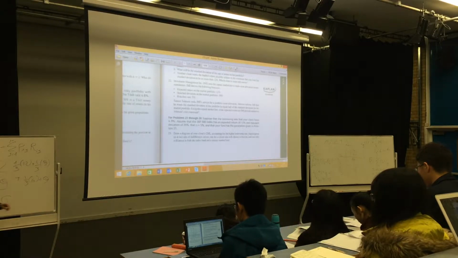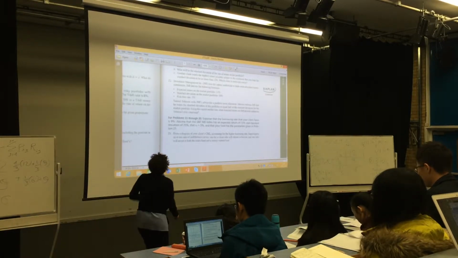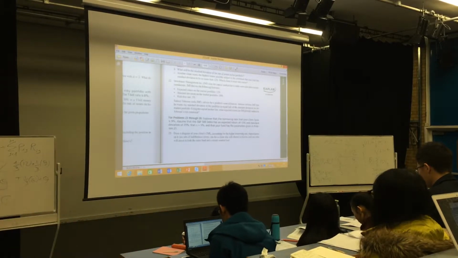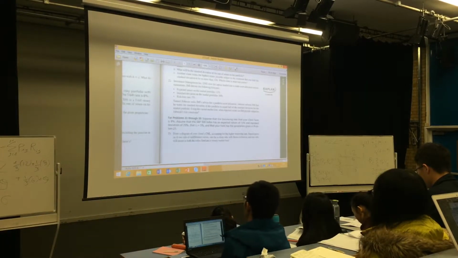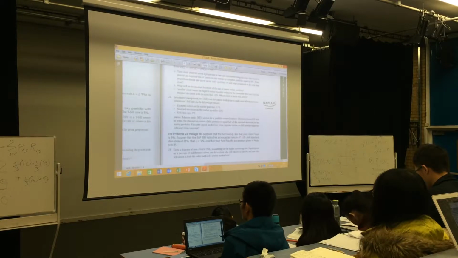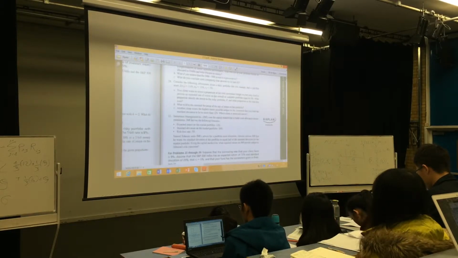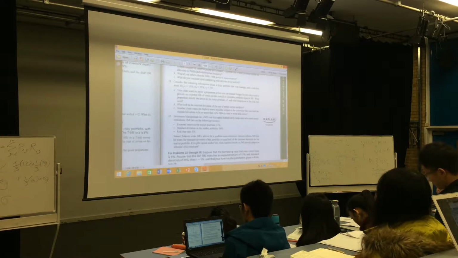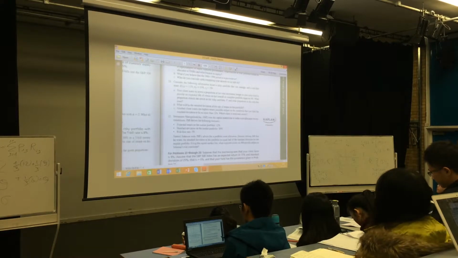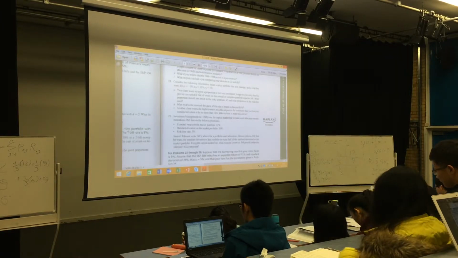So this means in problem 21 you have, let's look at problem 21, I can also write on the whiteboard. So you have a portfolio with an expected return of 11%, standard deviation of 15%, risk-free rate equal to 5%.